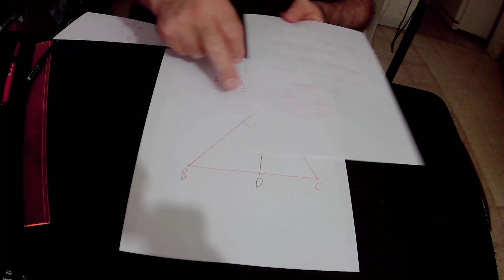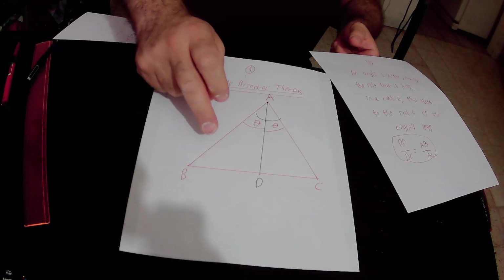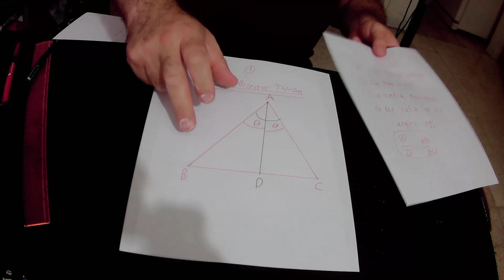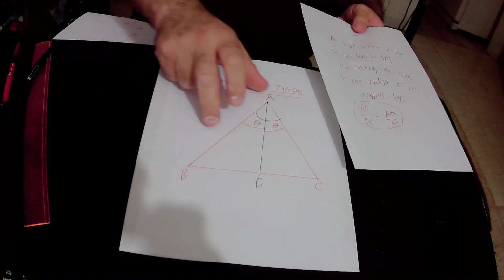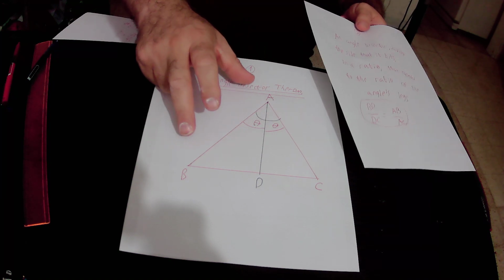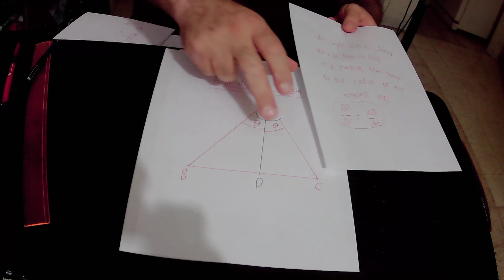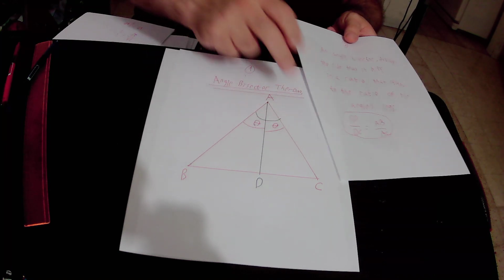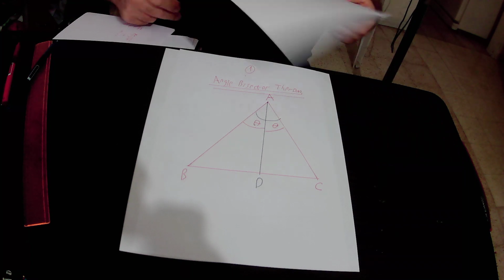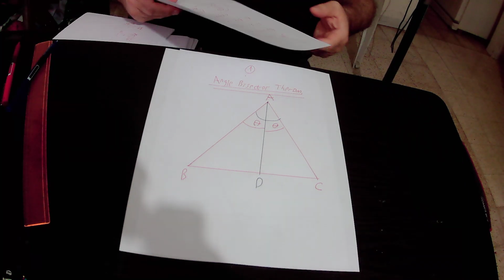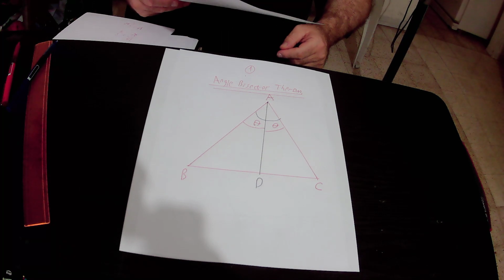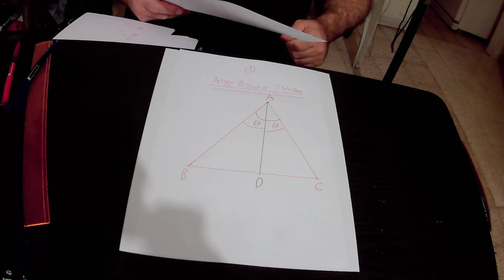equals the ratio between the angle's legs, and the ratio between the angle's legs is AB over AC. Or AB over AC equals BD over DC. Okay, again, an angle bisector divides the side that it is in a ratio that equals the ratio of the angle's legs.